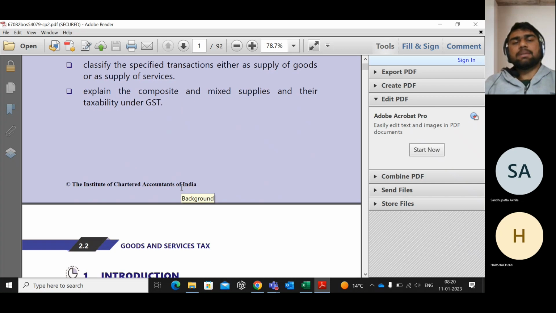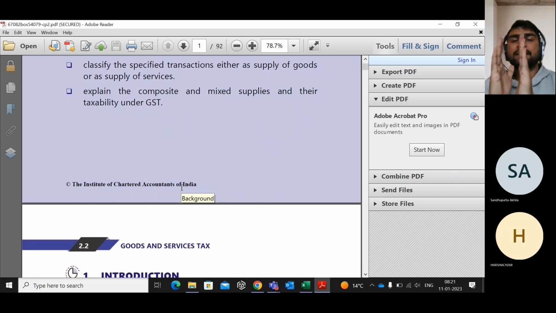For understanding what is supply, you classify supply into three parts. That is, supply means, which is the definition of the supply. Supply includes: in general meaning it is not a supply, but it is treated as a supply.